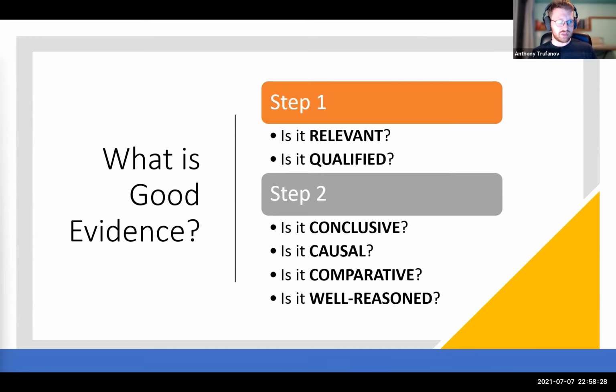A conclusive piece of evidence will say something like, based on our research, we found blank. Or it might say, we believe blank. Whereas a piece of evidence that is not conclusive might say something like, some authors say blah, blah, blah. Other authors say blah, blah, blah. Or critics argue blah, blah, blah, right?